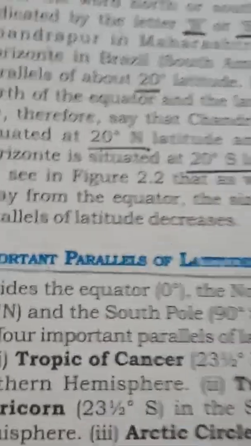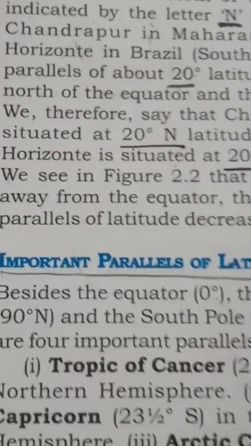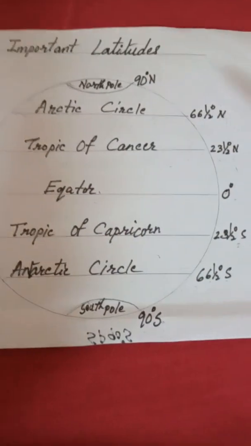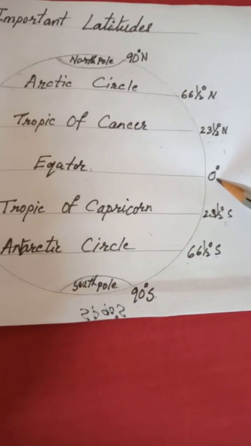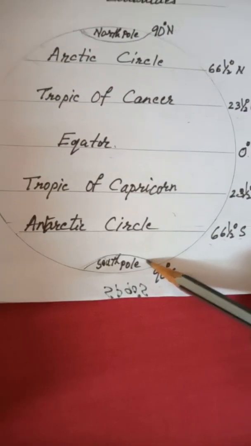Now children, besides the equator, North Pole and South Pole, there are some more important latitudes. You have already learnt about the equator at 0 degree, North Pole 90-degree north latitude, and South Pole 90-degree south.